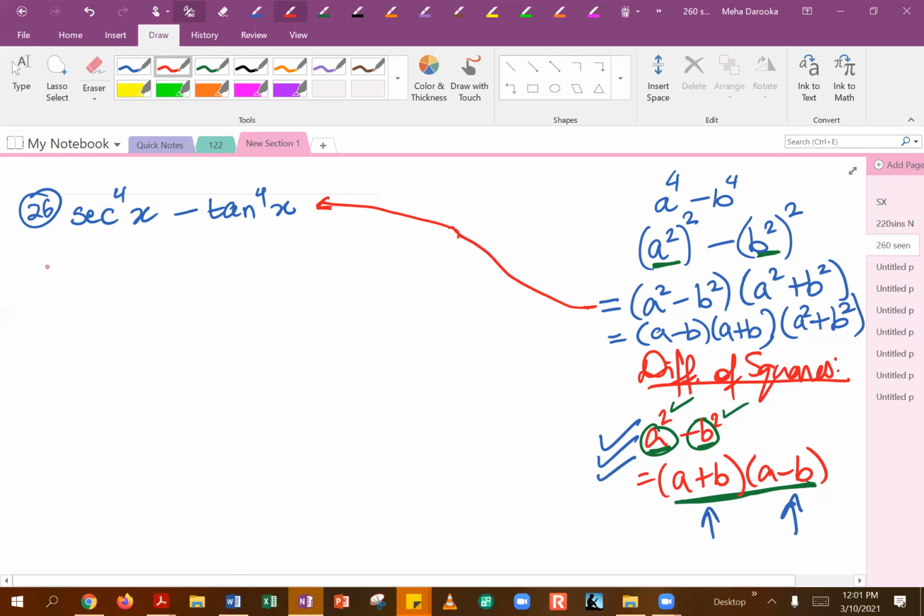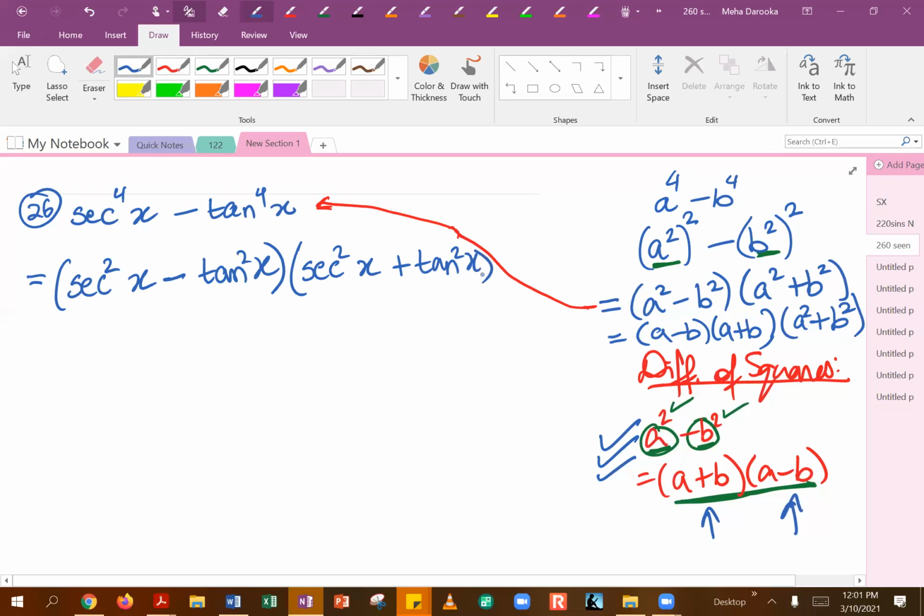So in this case, what if we break down our secant and tangent functions as secant square of x minus tangent square of x. So that's your a square minus b square. And then this guy will be secant square of x plus tangent square of x. So we're actually doing this step right over here.